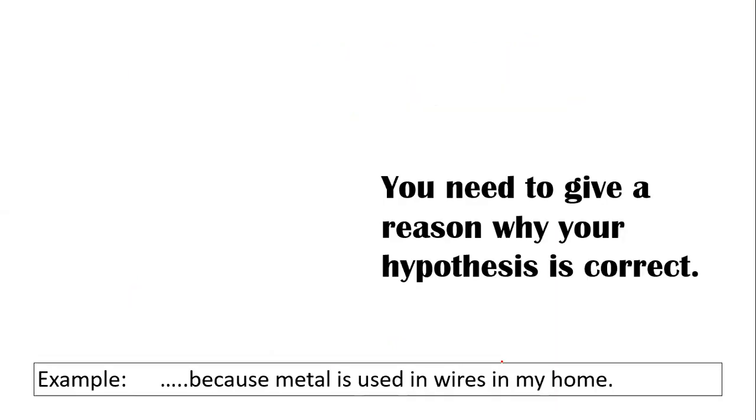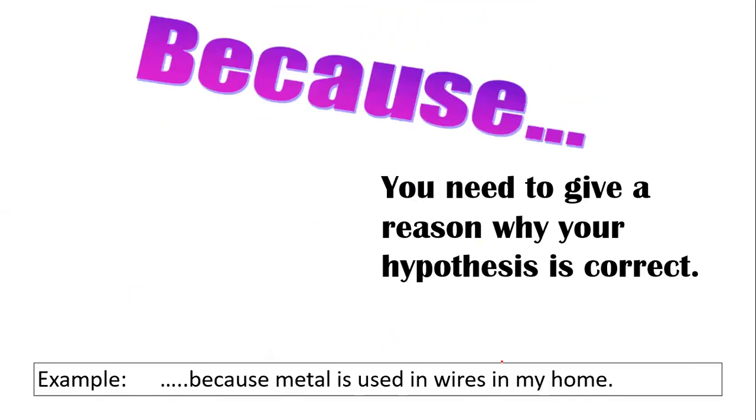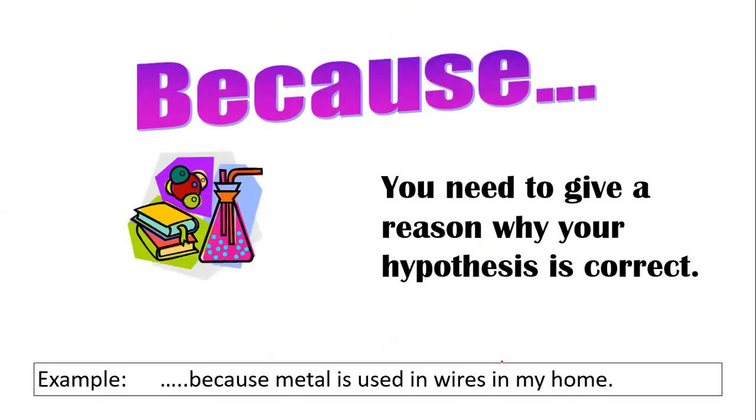experiment. Okay. So why are we predicting? We are giving our prediction or we are giving a hypothesis because you need to give a reason why your hypothesis is correct. You're giving reasons on what are the possible outcomes of your study.